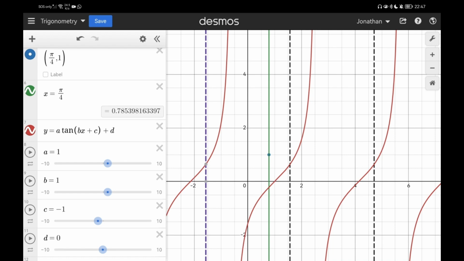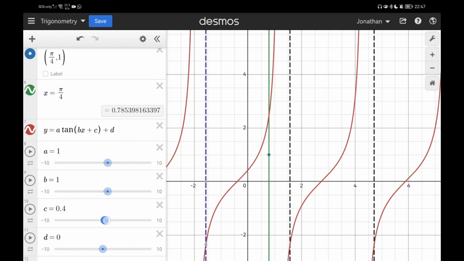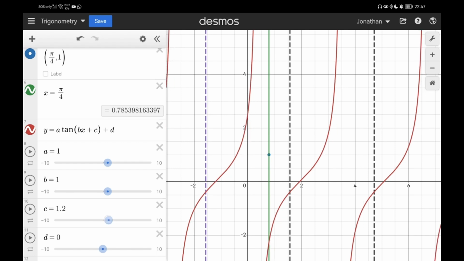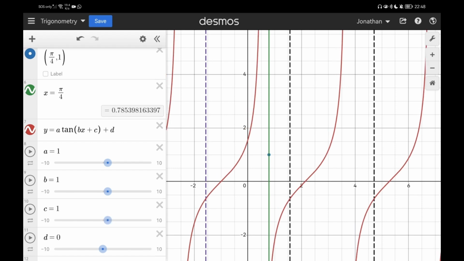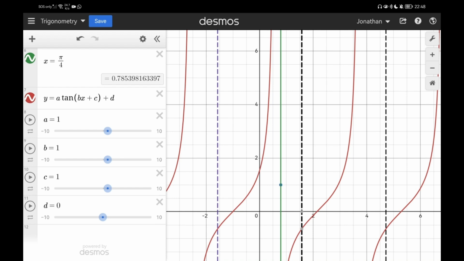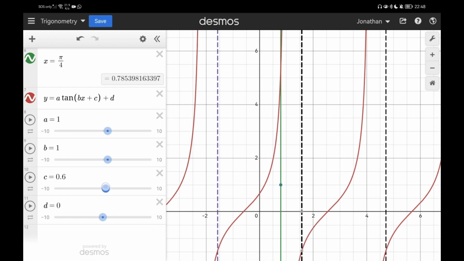Otherwise, if you let c become positive, the tangent graph moves to the left by 1 unit, and the asymptotes also shift to the left by 1 unit. So generally, for the translation in the x direction, as the tangent graph moves, the asymptotes also move. Let's go back to 0 for c.